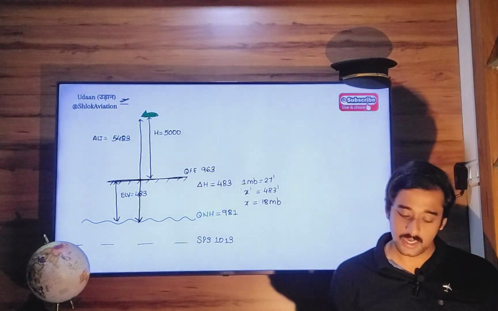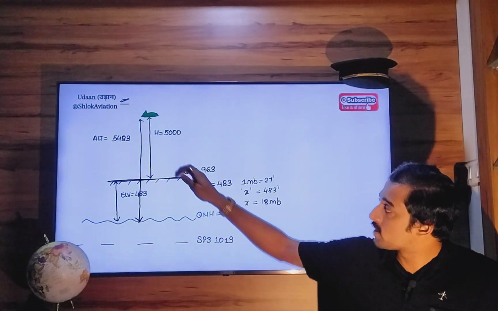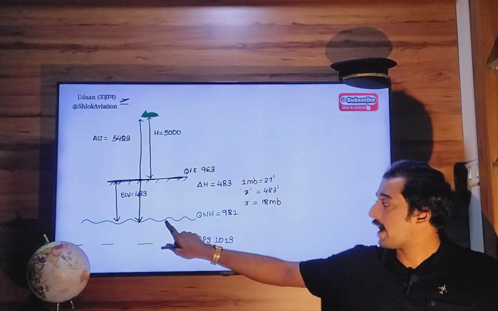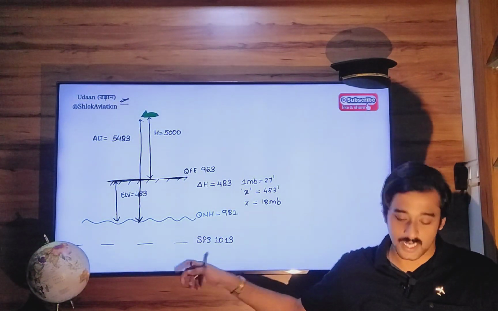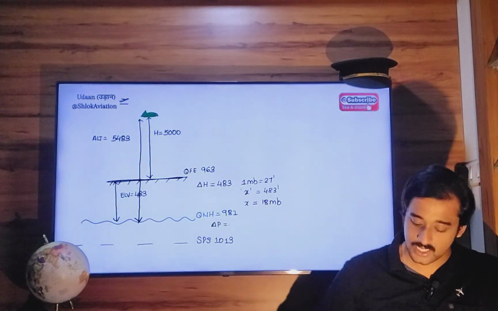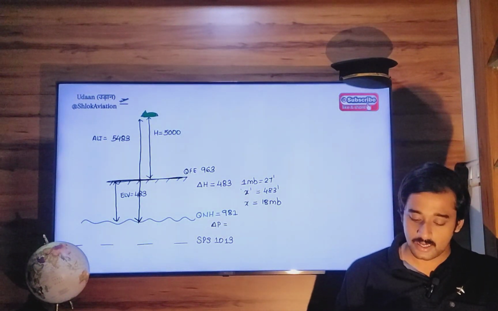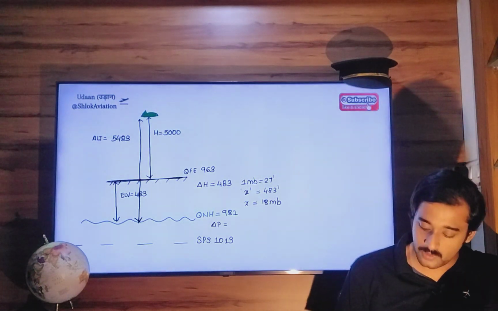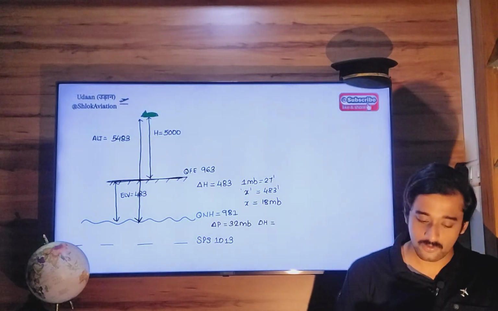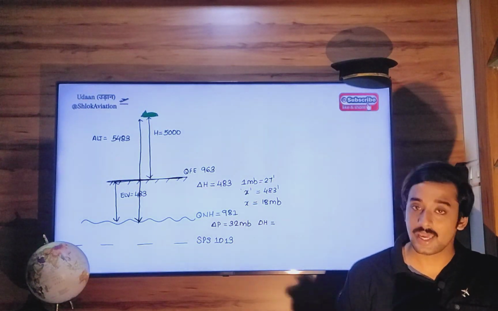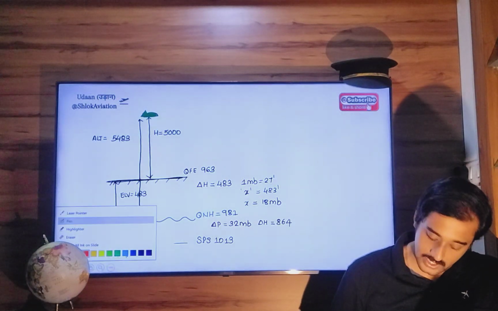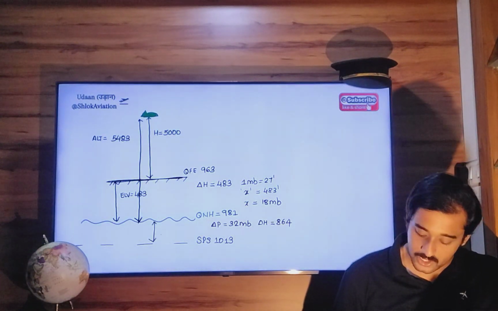What will be its pressure altitude? Its pressure altitude will be altitude plus this extra height between QNH and standard pressure setting. Now what is that equal to? The pressure difference between 1013 and 981 is 32 millibars. That is equal to a height difference of 32 into 27, 864. There is a difference of 864 between these two pressure levels.